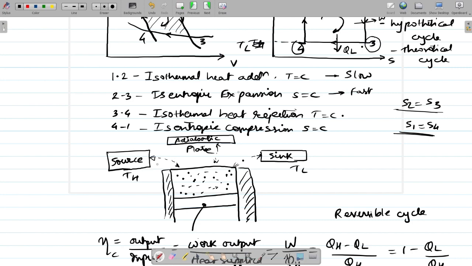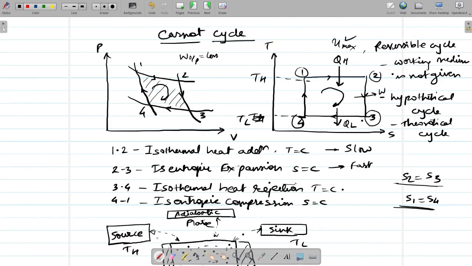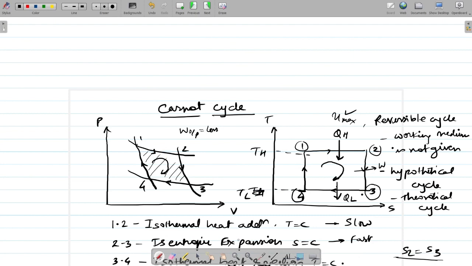And here you will observe that the area enclosed by the cycle in the PV diagram is very small, which gives you a lower mean effective pressure, which means lower power output. And the last point is that it gives the maximum efficiency compared to other engines working between the two given temperatures.